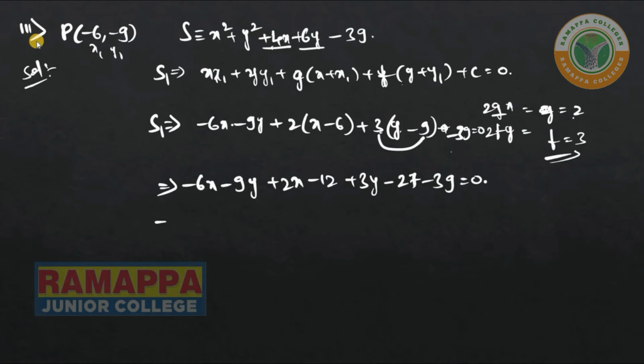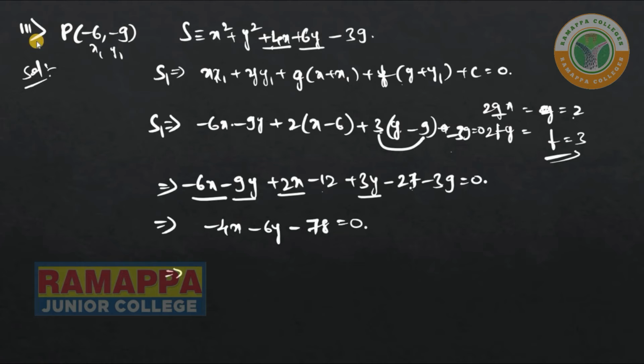Here minus 6x plus 2x is minus 4x, minus 9y plus 3y is minus 6y, and minus 12 minus 27 minus 39 is minus 78, equal to 0 here.